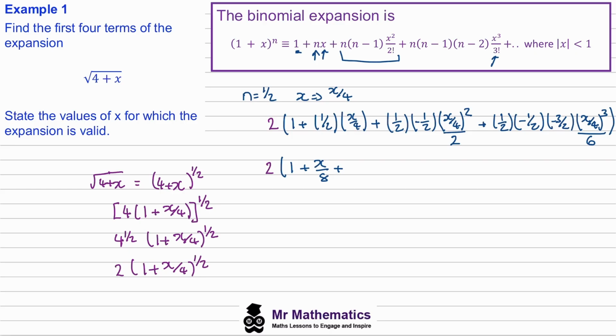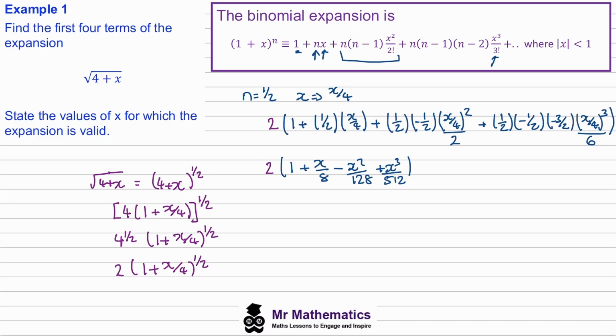So we'll get negative x squared over 128. For our cube term, all of this will come to 3 over 8, and we'll multiply that by x cubed over 4 cubed, and then we'll divide it all by 6. And this will leave us x cubed over 512.